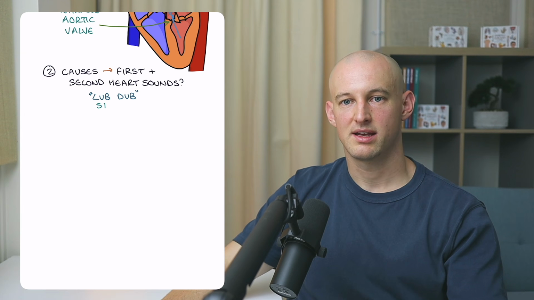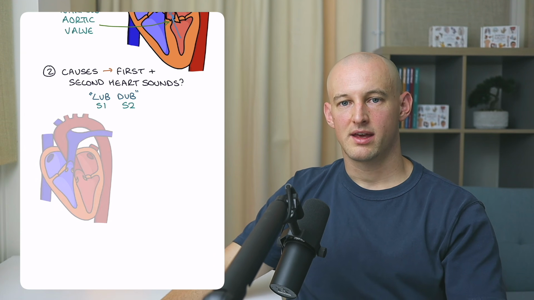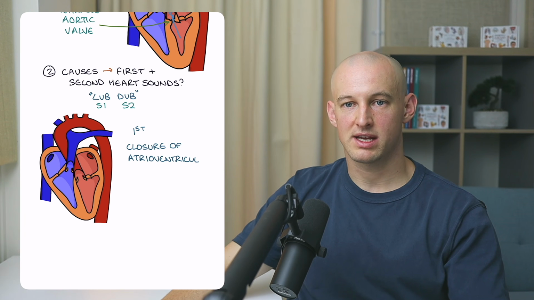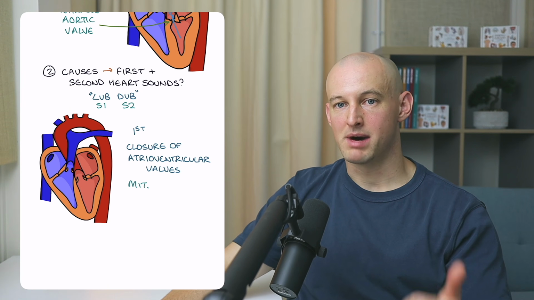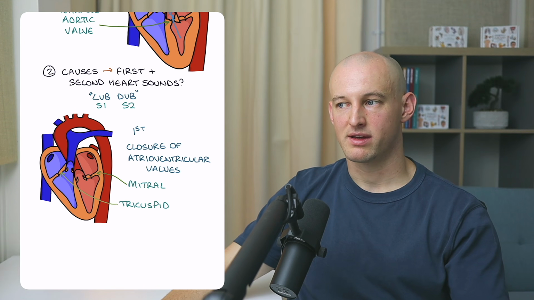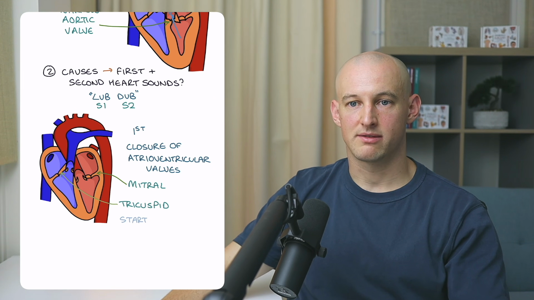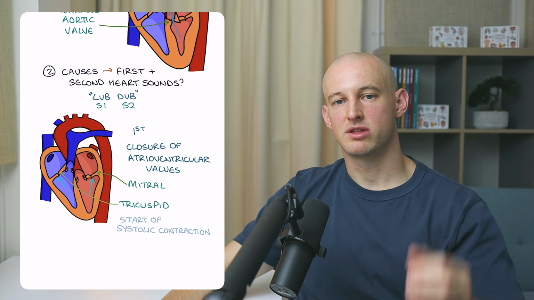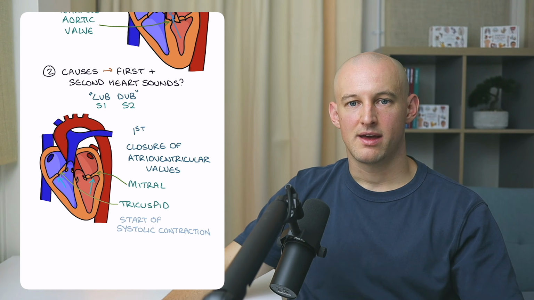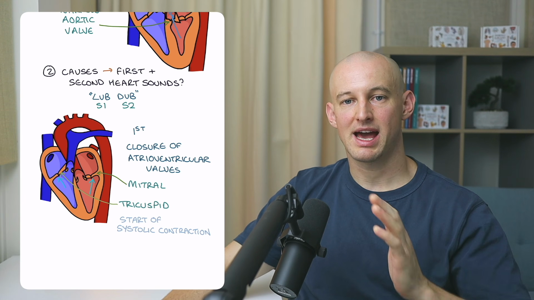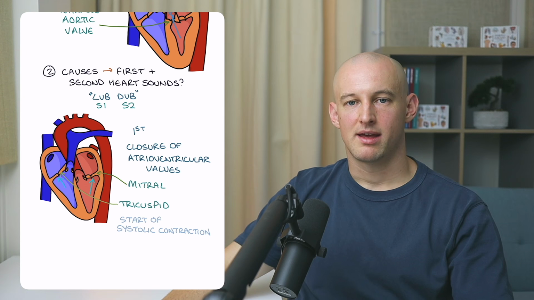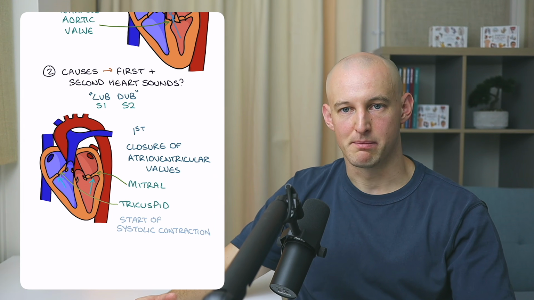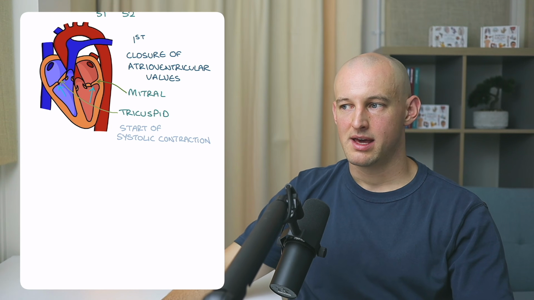The first one is S1, the second one is S2. The first heart sound comes from closure of the atrioventricular valves. So this is the mitral and the tricuspid valve. And it happens at the start of systolic contraction of the ventricles. So imagine the ventricles are pumping blood through the pulmonary and aortic valves. And in order to prevent it from going back into the right and left atrium, the tricuspid and mitral valves shut, and that causes that first lub, that S1 sound.